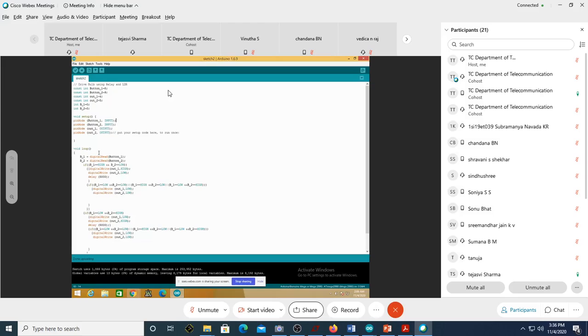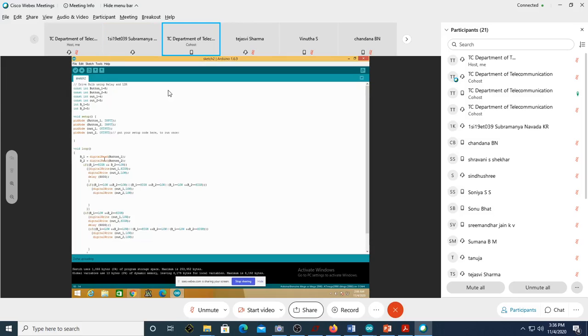Just come down here. B1 is assigned with digital read of button 1. B2 is assigned with digital read of button 2. What does it mean? We are going to read the state of buttons, is it on or off? You are putting the value of button 1, button 2 onto B1 and B2.